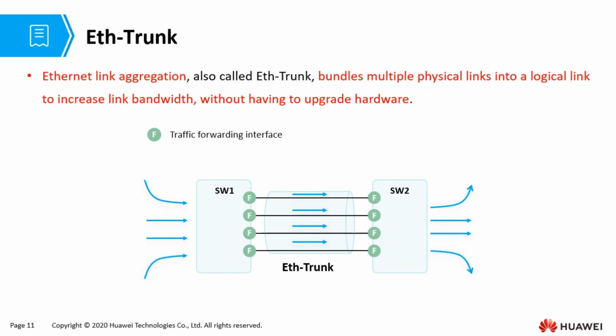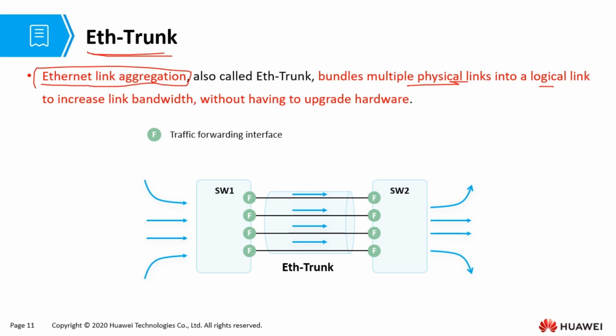So how can we avoid wasting the link bandwidth? We can apply the idea that we call Ethernet link aggregation, or Eth Trunk. We bundle multiple physical links into one logical link. Because we bundle them into one, it will not cause layer 2 loops.